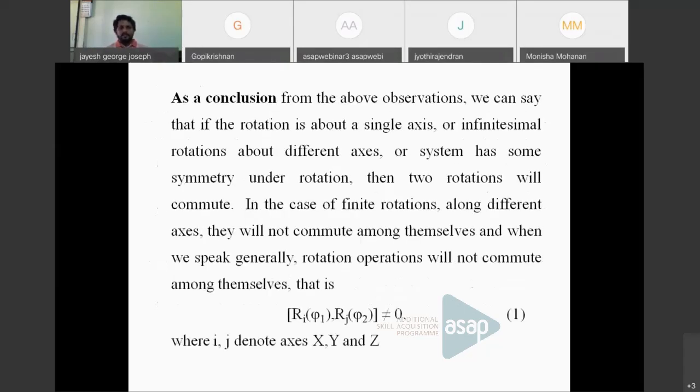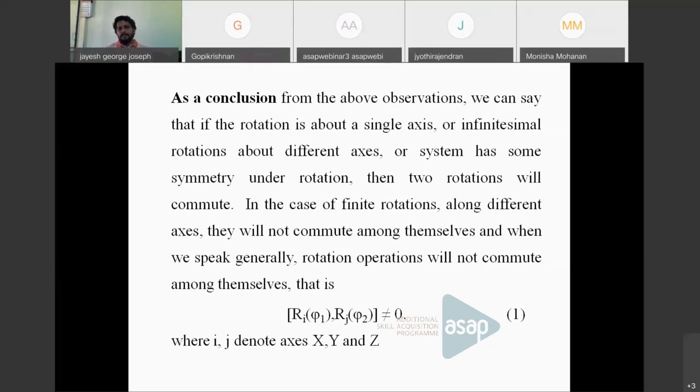As a conclusion from the above observations, we can say that if the rotation is about a single axis, or infinitesimal rotations about different axes, or the system has some symmetry, then the rotations will commute. In the case of finite rotations about different axes, they will not commute among themselves. Generally, rotation operations will not commute.